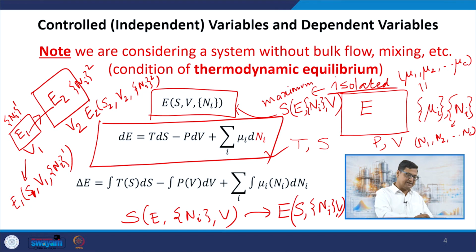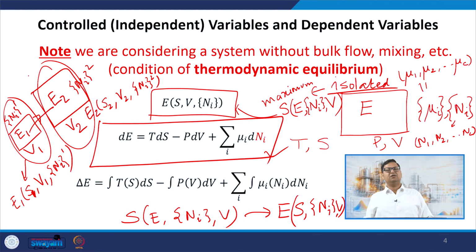So, I can prepare a system for a given choice of volume, energy and number of molecules, and I can prepare another system with a different volume, energy and number of molecules, right. So, I have the ability to prepare different isolated systems with different values of these variables, right.